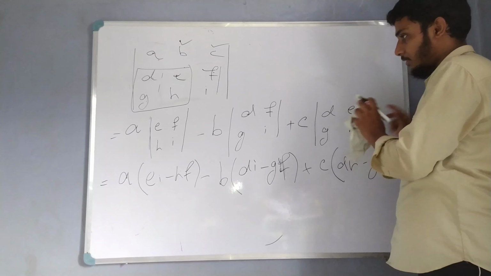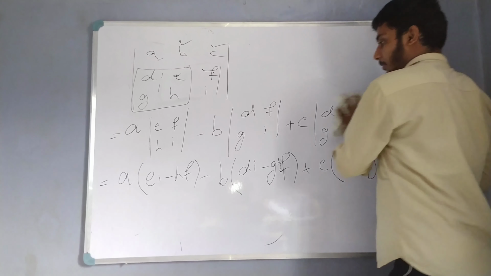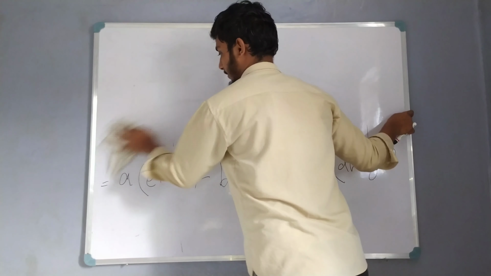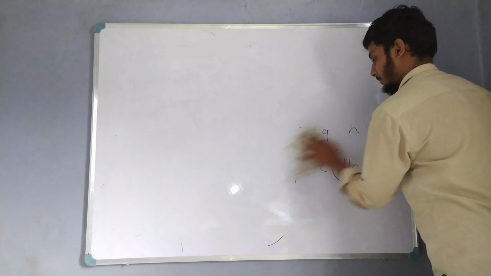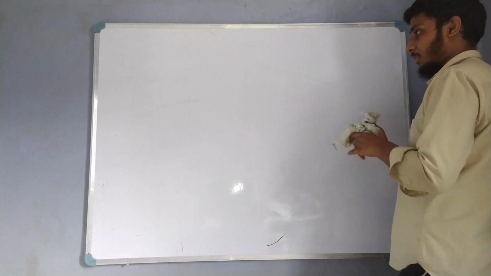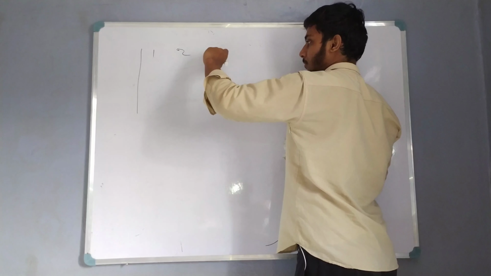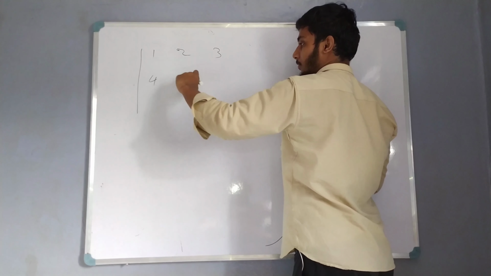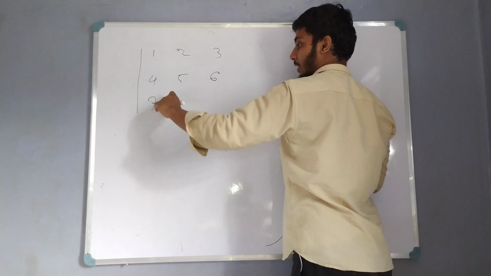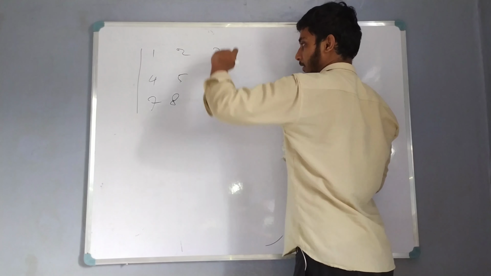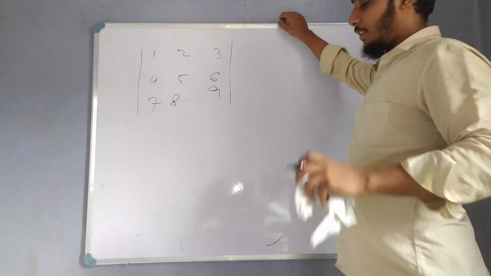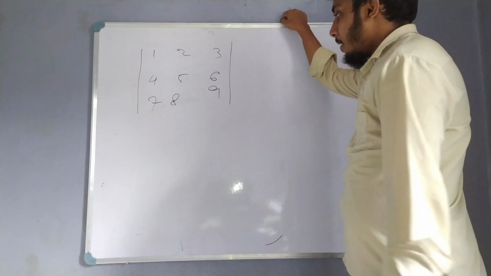For example, suppose I have taken a third order determinant 1, 2, 3, 4, 5, 6, 7, 8, 9, and you have to expand this determinant.